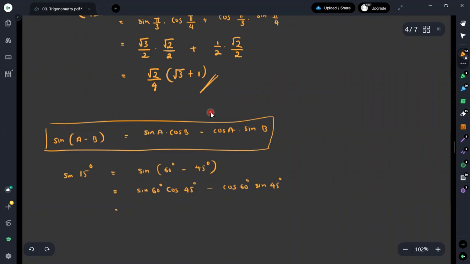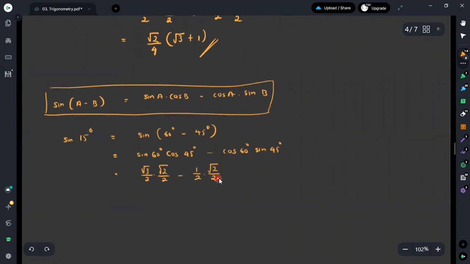Sine 60 is root 3 over 2, cosine 45 is root 2 over 2, minus cosine 60, which is half, times sine 45, which is root 2 over 2.